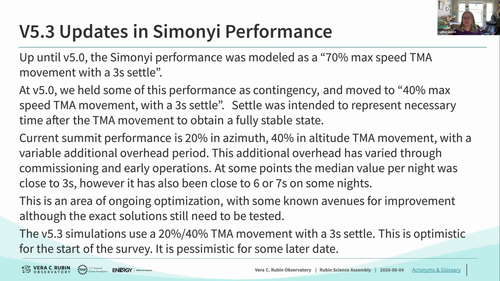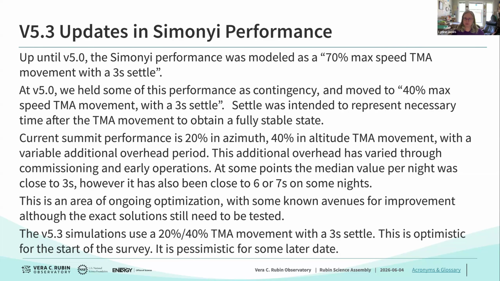The 70% max speed is the design speed for moving the telescope around the sky. 100% is the maximum possible speed, but we never intended to move the telescope at 100% max speed. In theory you could do this, but in reality we did not expect to ever move the telescope at 100% max speed.